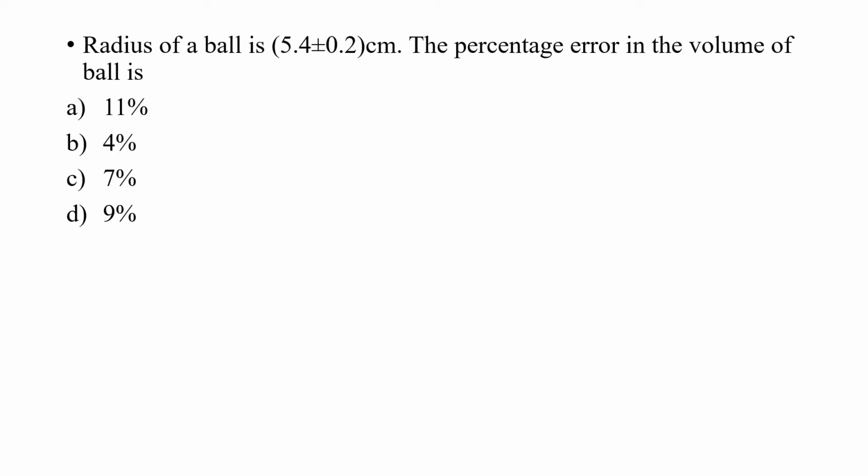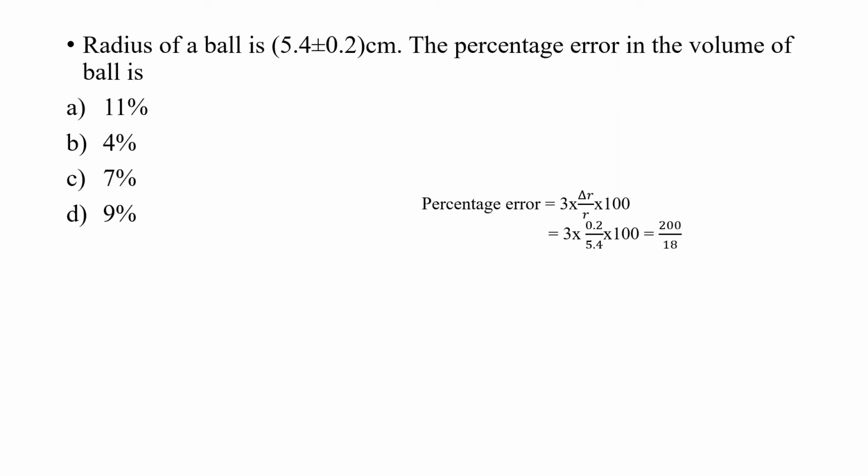The given data is the radius of a ball. So from the data 5.4 plus or minus 0.2, you take the value r as 5.4 and delta r as 0.2. Since you have to find out the volume, the percentage error will be equal to 3 into delta r by r into 100.